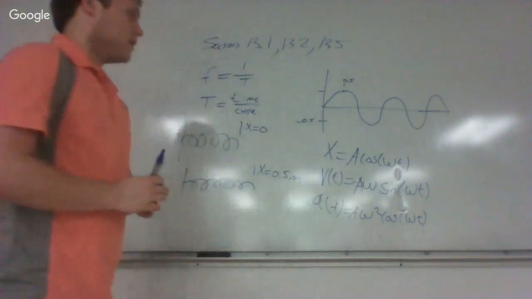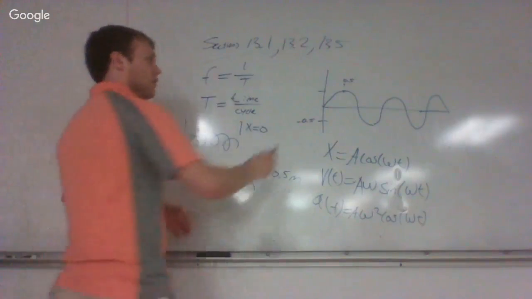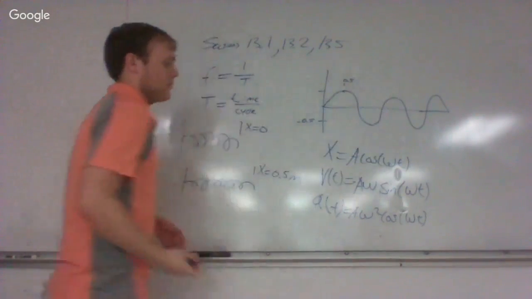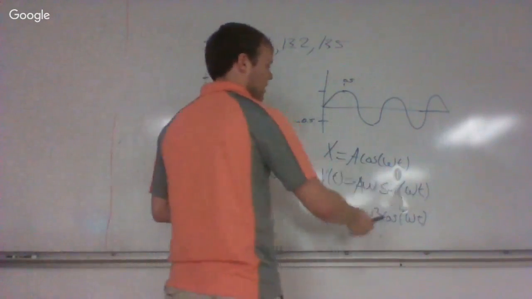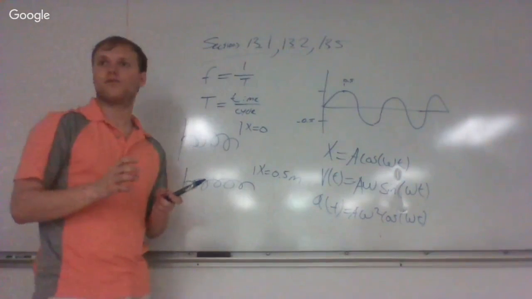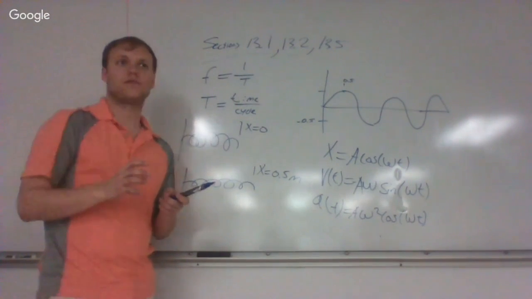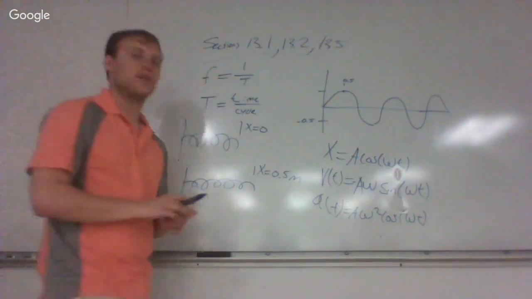All right. So at the maximum velocity, if we have this sine wave, at our maximum velocity, what would the angle be in order for the velocity to be at its greatest? Yeah, 90 degrees, I would say.